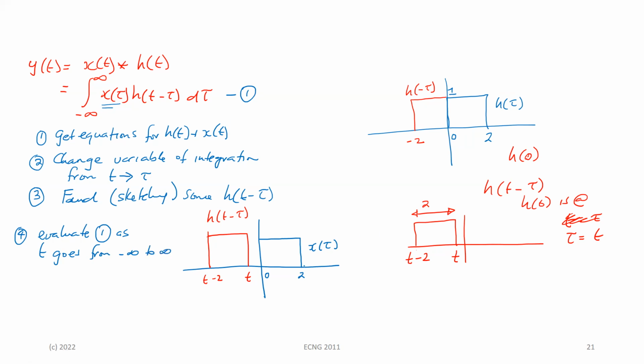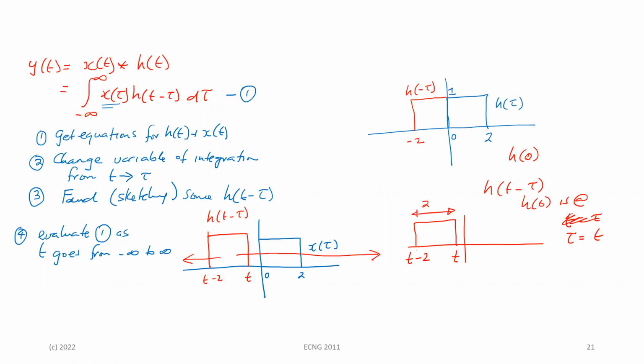In other words, we are keeping this fixed, but as t goes from minus infinity to infinity, h(t minus tau) is going to start all the way back here, and then go all the way to plus infinity on that side.